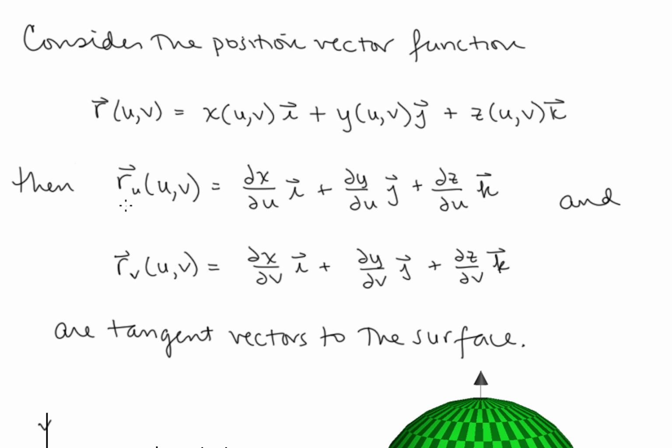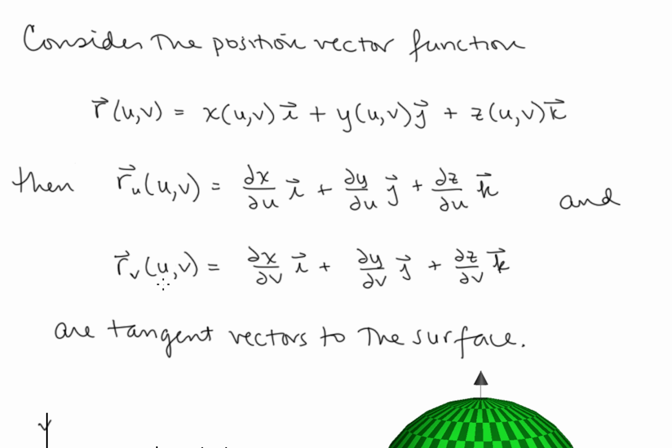So essentially what we're doing is we're taking a look at this with v constant, which is going to give us a curve in three-dimensional space, and then taking its derivative, giving us a tangent vector to the curve in three-dimensional space. Similarly, taking a v partial derivative holds u constant, so we're getting curves in the other direction from our original equation.